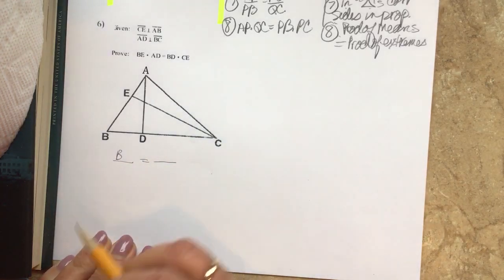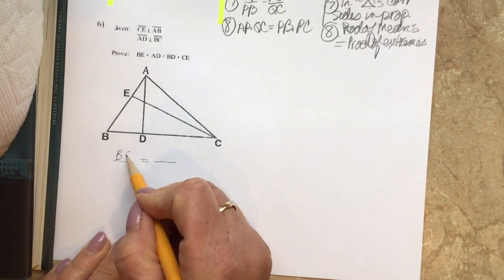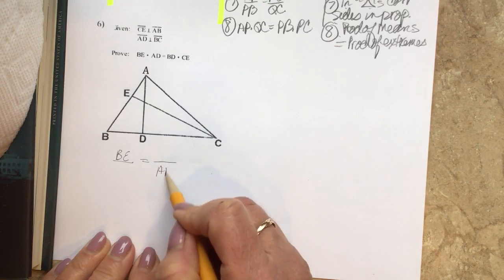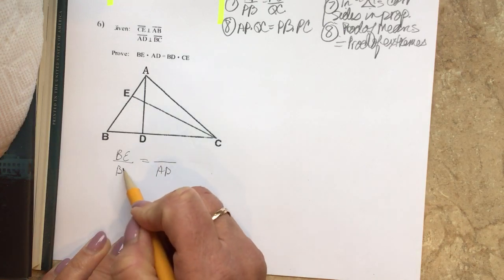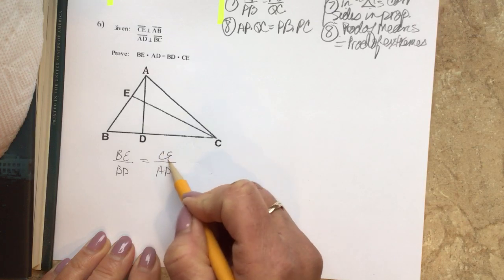And it should have been BE times AD equals BD times CE.